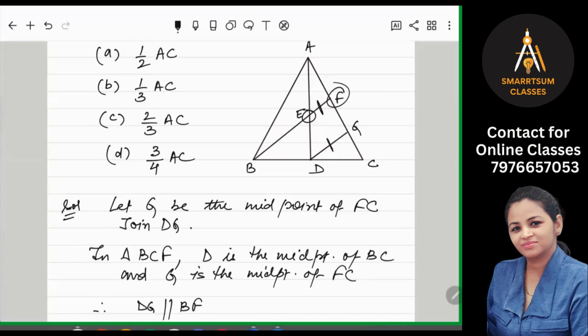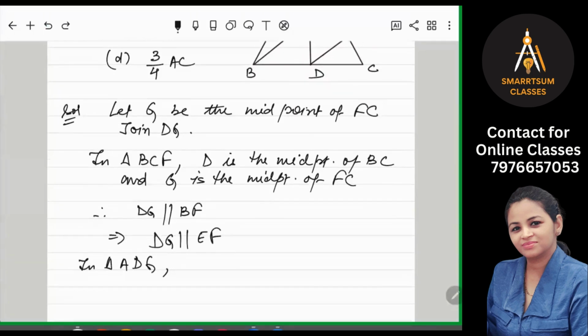So write down: in triangle ADG, E is the midpoint of AD, and EF is parallel to DG.